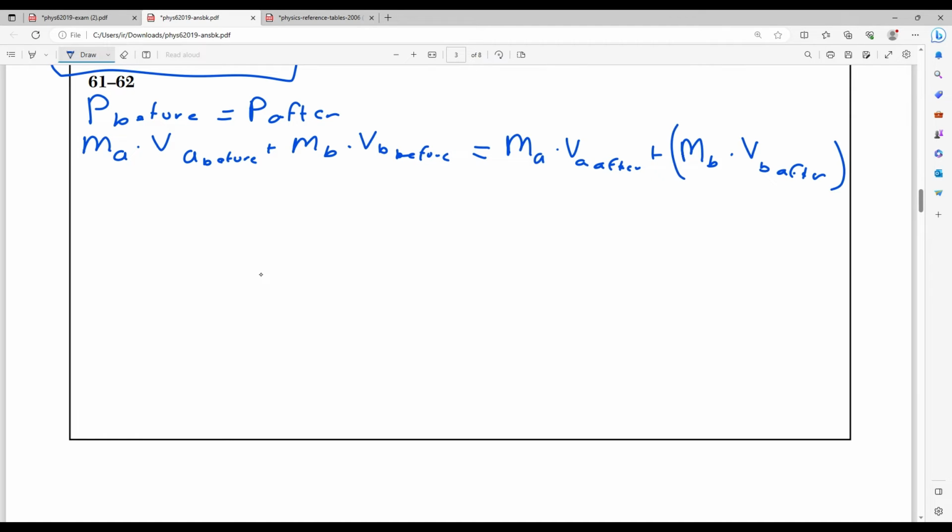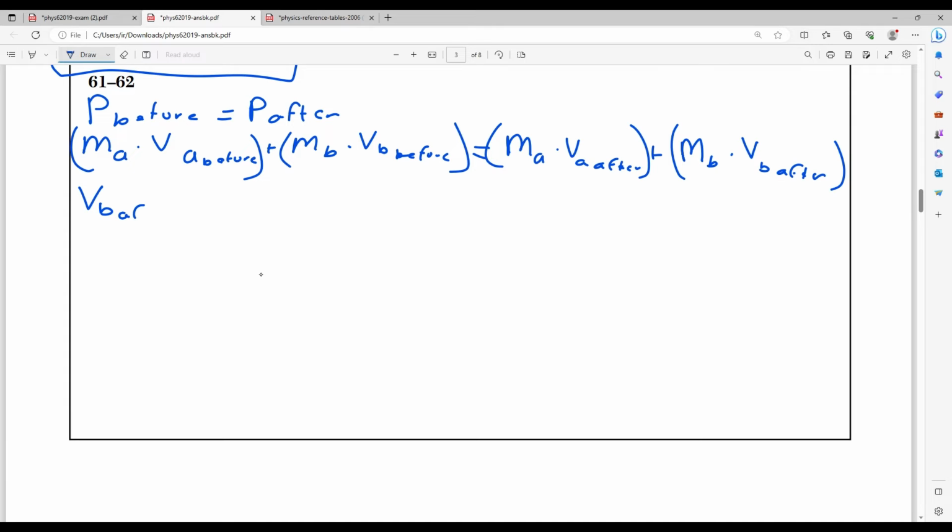I could just put these in parentheses to make this a bit more clear. Literally, all I'm saying is that p before is equal to p after, so the momentum on both sides is equal. Now all you have to do is put this in terms of v.